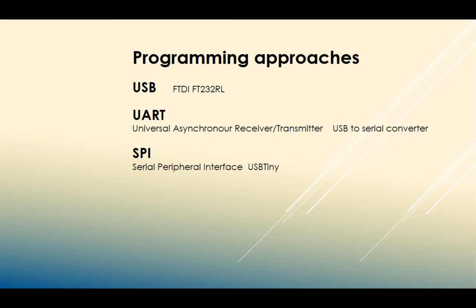And that's got on board a chip called the FTDI chip, which translates from USB messages into TTL levels for operating inside the chip itself. There's also one called the UART, there's one called the SPI, which we'll look at briefly, but mainly we're looking at the USB.